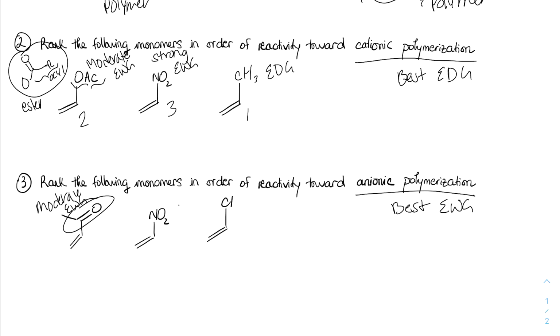Okay? And then NO2 is a strong electron withdrawing group, as we identified in the previous example. And then halogens tend to be weak electron withdrawing groups. So just by looking at this, we can see that the strongest electron withdrawing group is the NO2. Then we have the moderate electron withdrawing groups, and then we have the weak electron withdrawing groups.